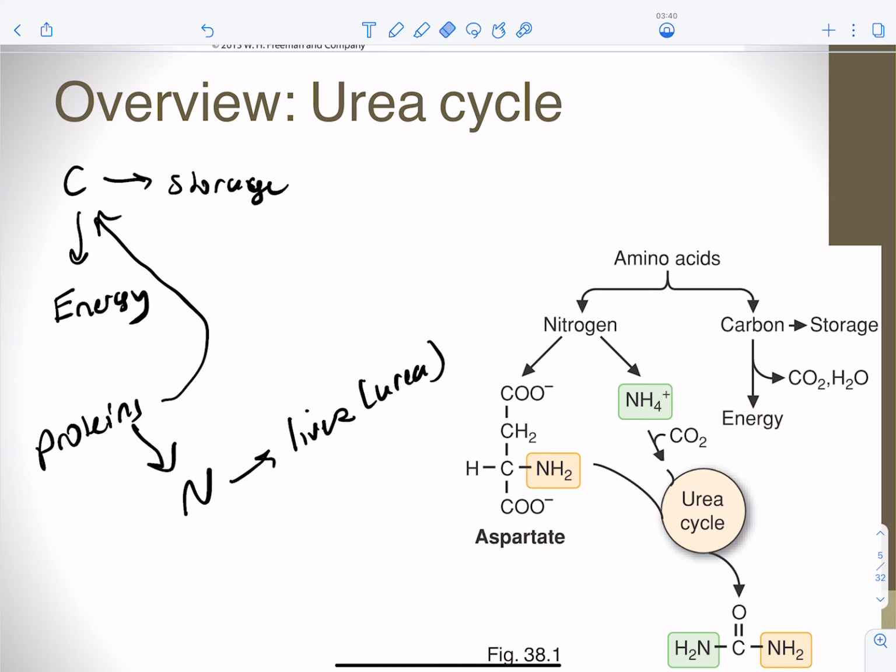And this is going to, in the presence of NADPH, make glutamate. And this is going to require glutamate dehydrogenase. This is going to use ATP or GTP.